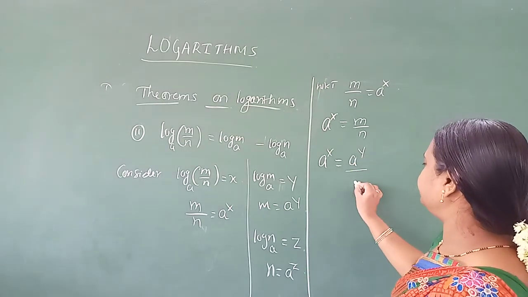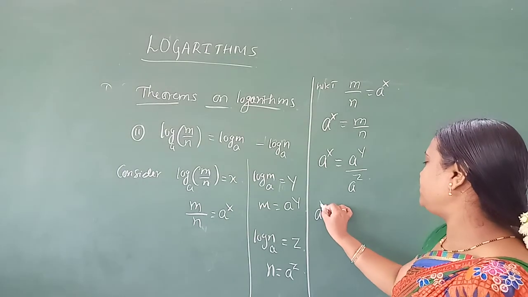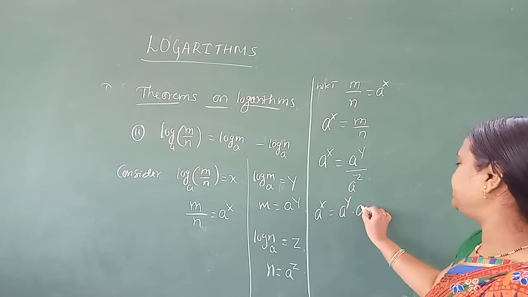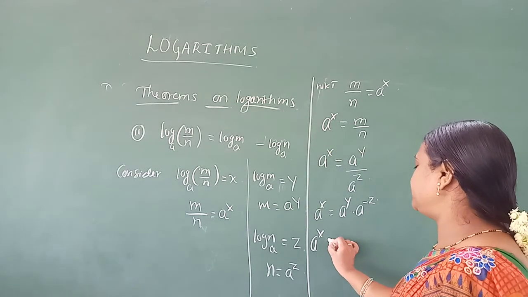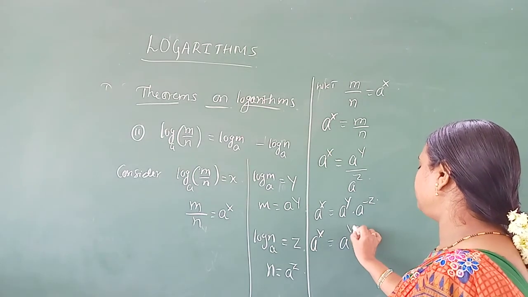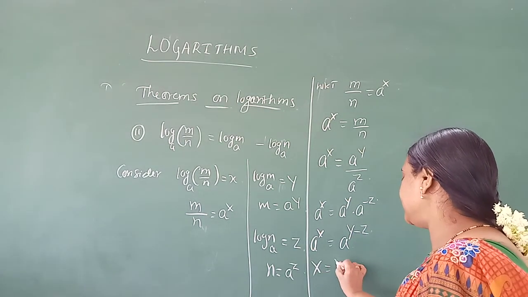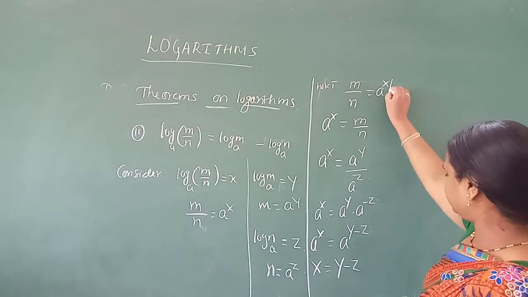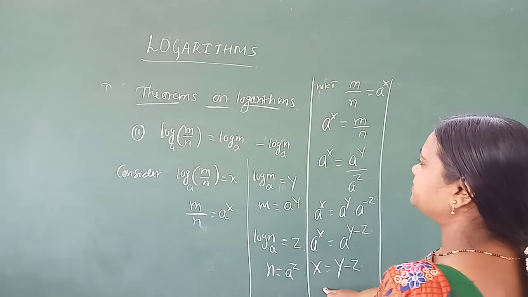And n represents a to the power z. In exponential form, if the bases are the same, we can write this as a to the power y into a to the power minus z. Already we know that. So a to the power x is equal to a to the power y minus z. If the base is the same, we can write x is equal to y minus z.